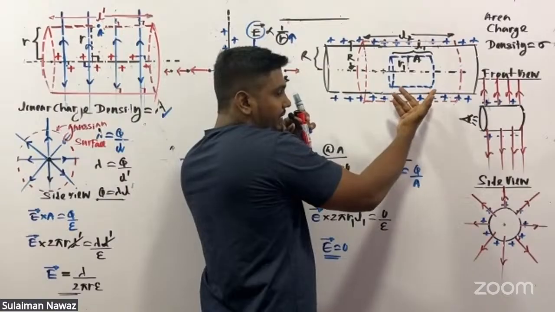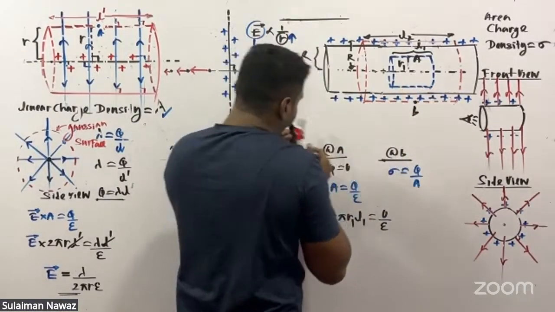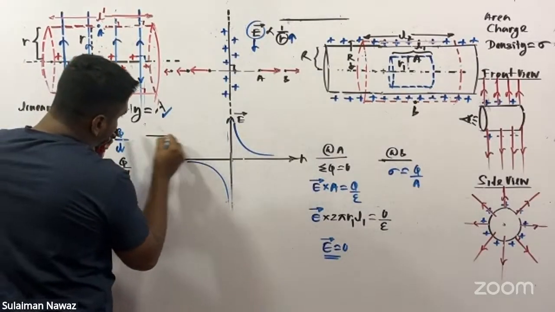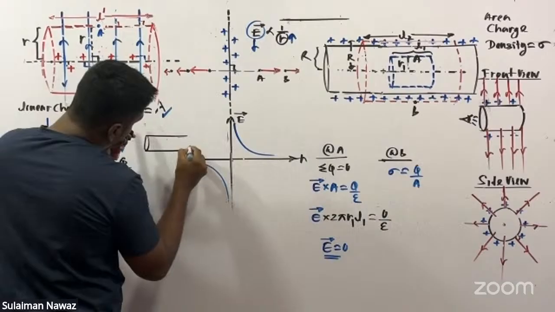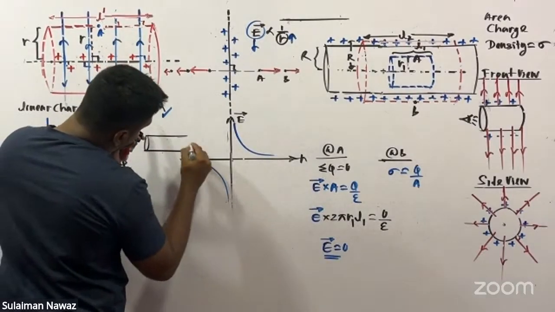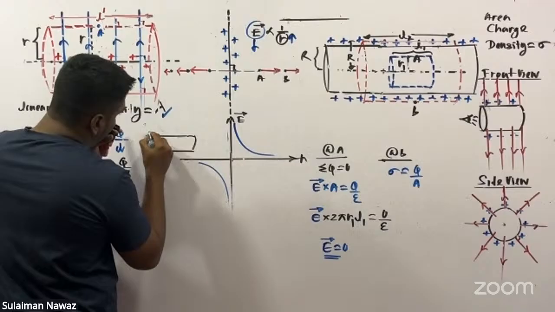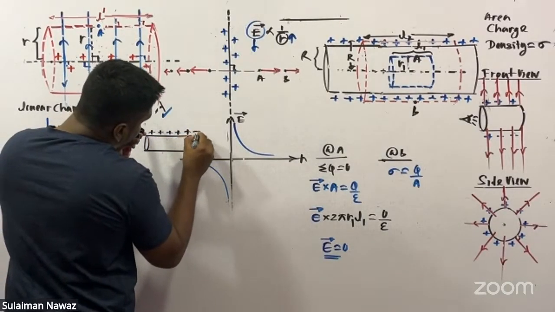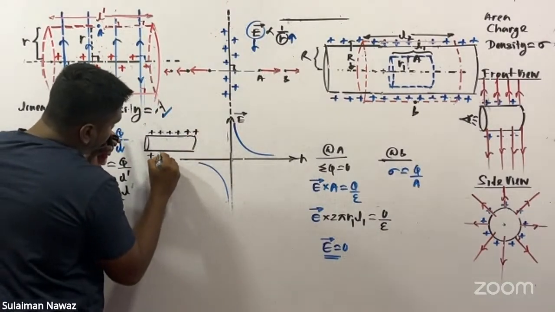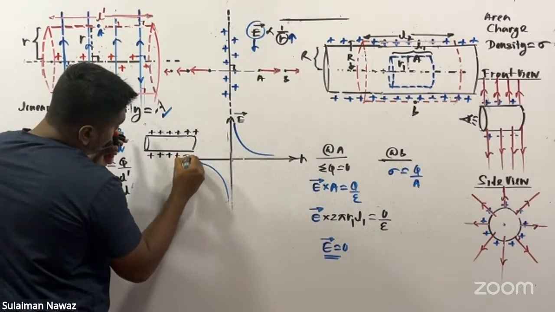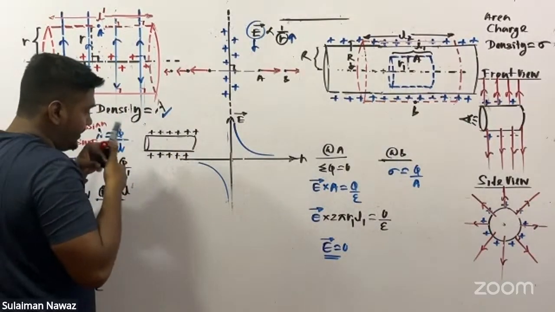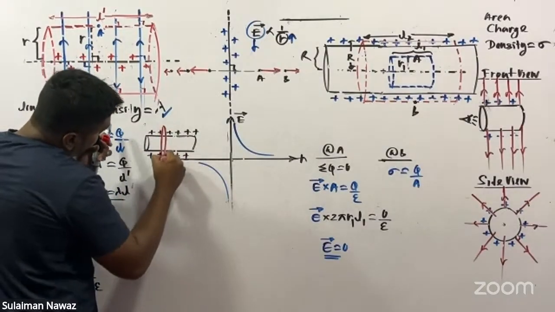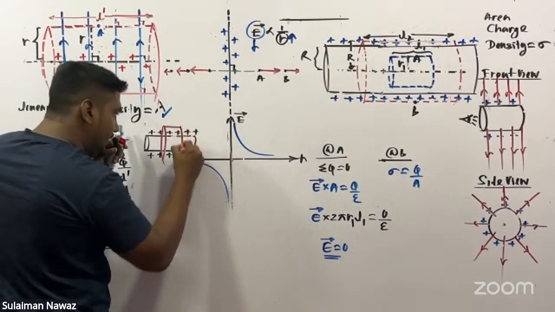Am I correct? Because see, this is your cylinder. Listen very carefully. Through the entire surface of the cylinder, the total surface area of the cylinder is charged by positive charges. Now your target is to find the charges inside this red color Gaussian cylinder.